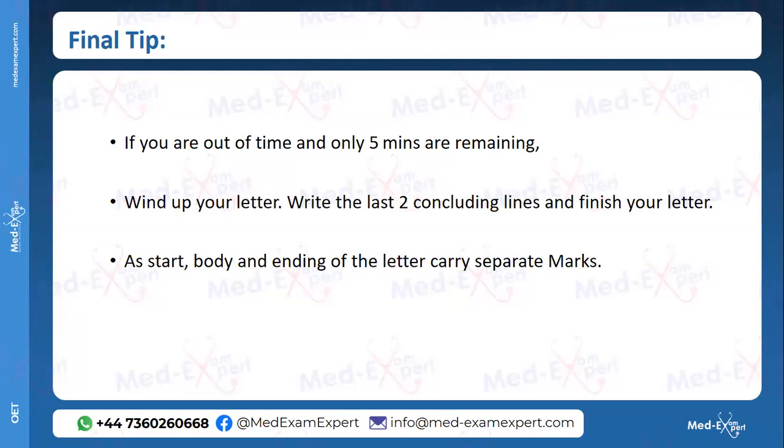If you feel that as you advance towards the end of the time you are not able to complete your letter, just finish it as soon as possible. Write two concluding lines and then write the finishing salutation. In this way, you will at least get the marks for the pattern and format of the letter. Format of the letter is very, very important.